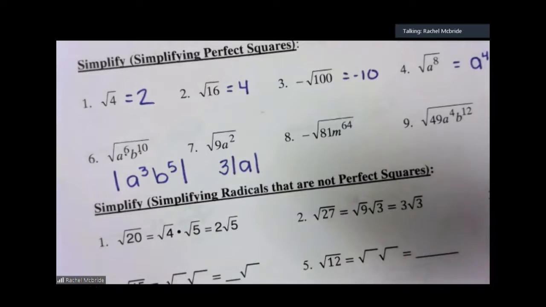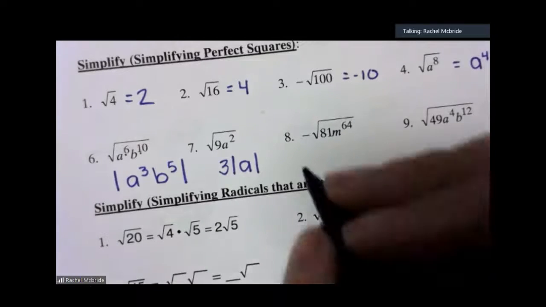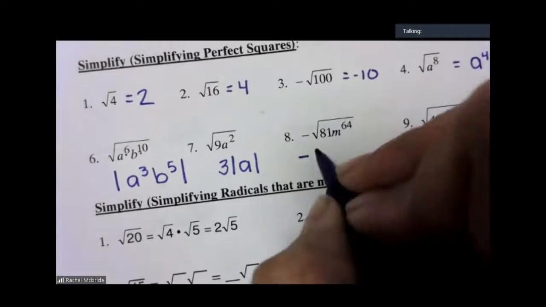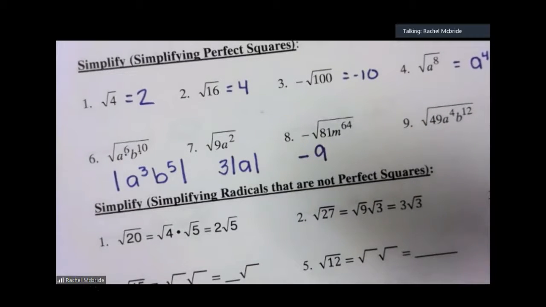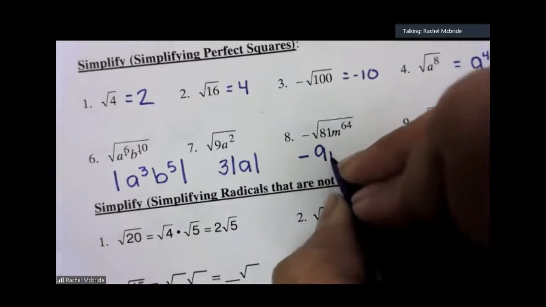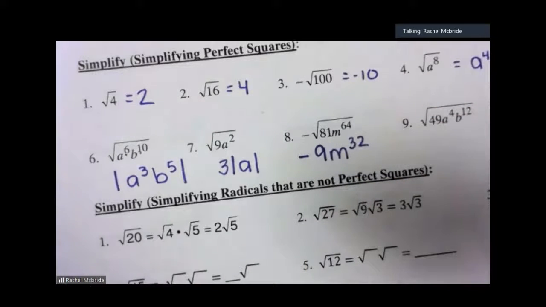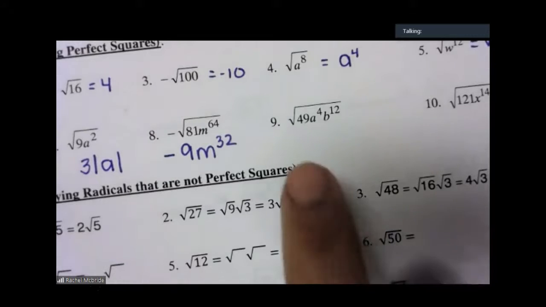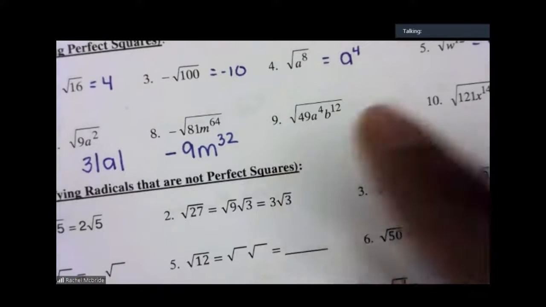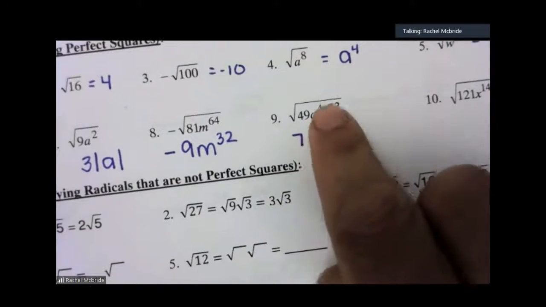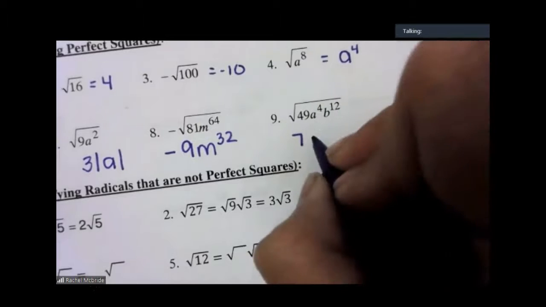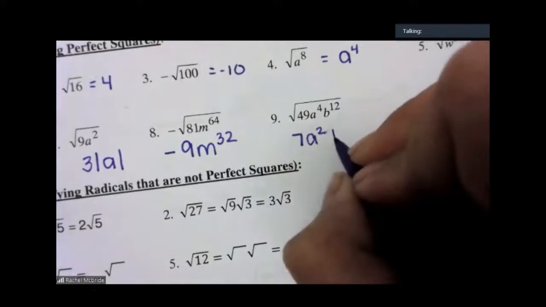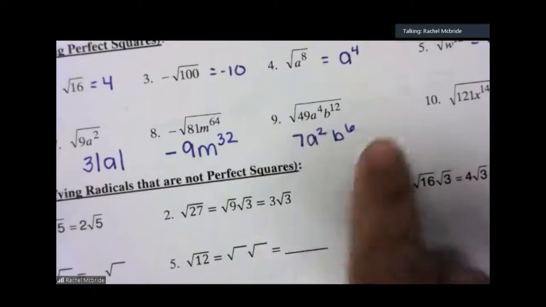Okay, so negative stays. Square root of 81 is, m to the 64. Excellent. Square root of 49. A to the 4th. B to the 12th. Do I need any absolute values in here?